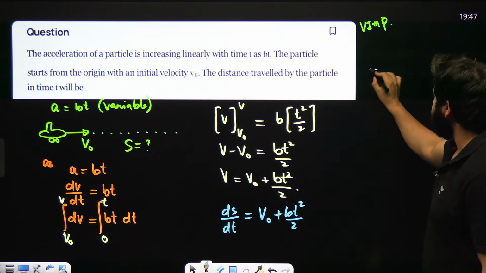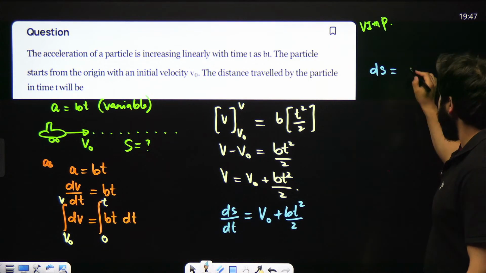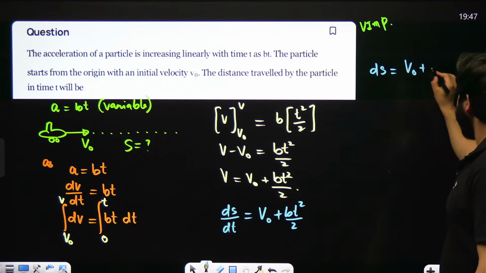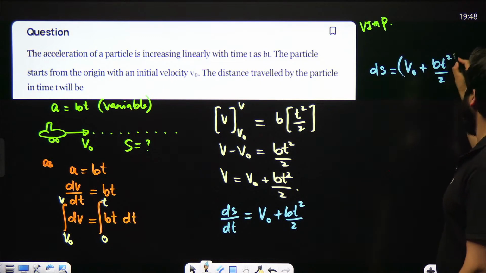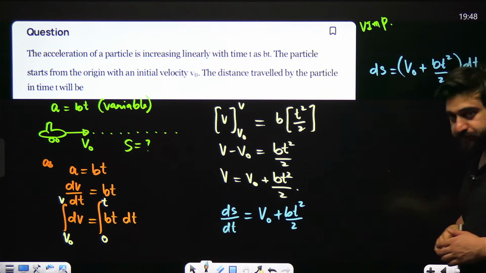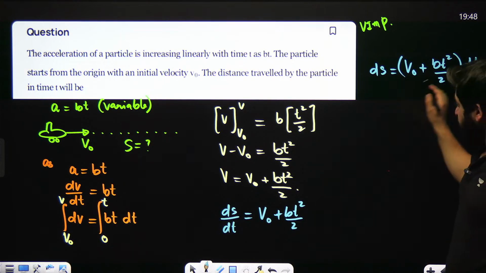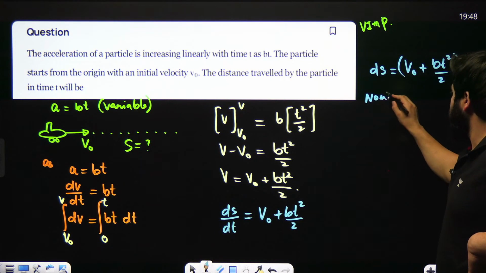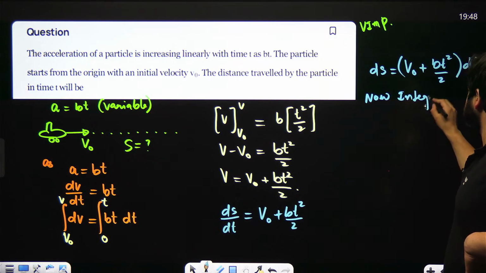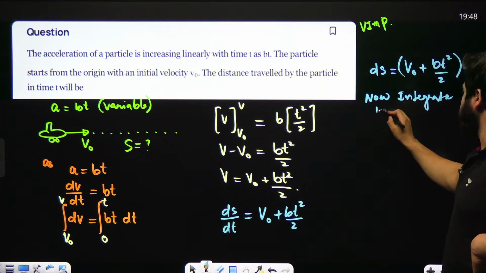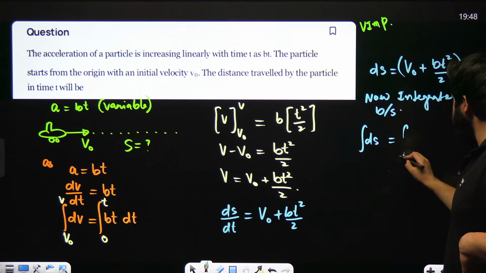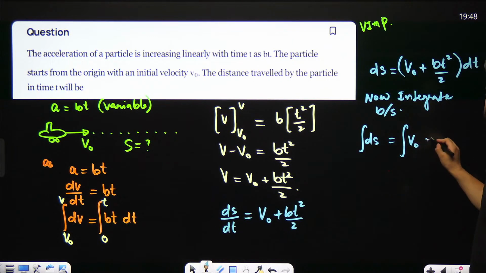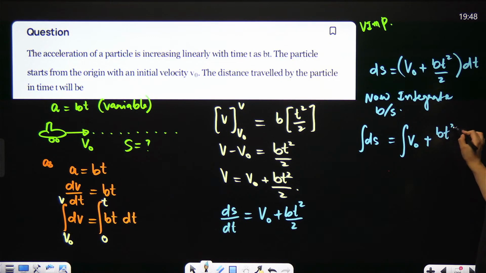So ds is equal to v naught plus bt square divided by 2, multiplied by dt. Now integrate both sides: integration of ds is equal to integration of v naught plus bt square divided by 2 into dt.